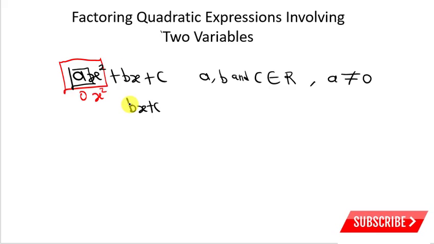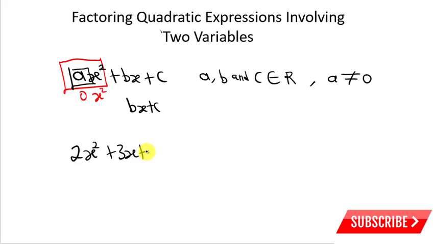So we can have an example like 2x squared plus 3x plus 1. This is quadratic expression. In this case, the variable involved is x. And what is the highest exponent of x? The highest exponent of x is 2. So that makes it what?